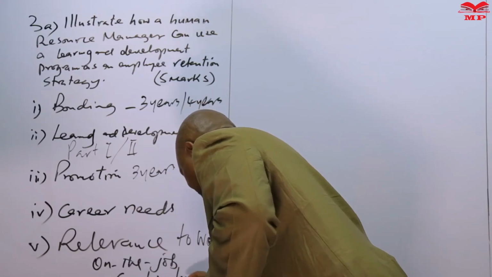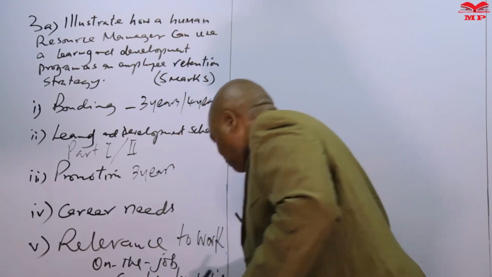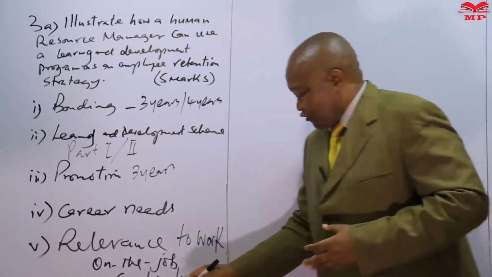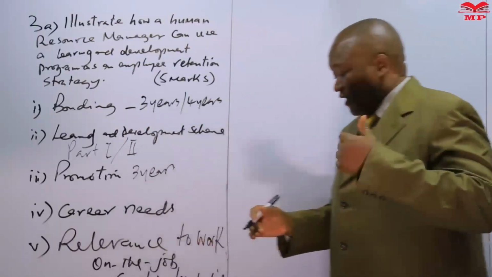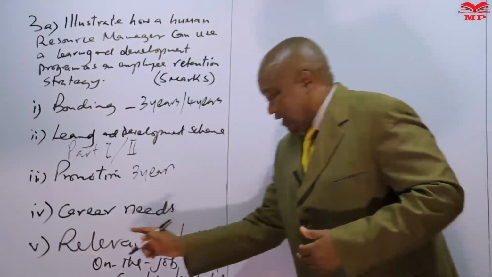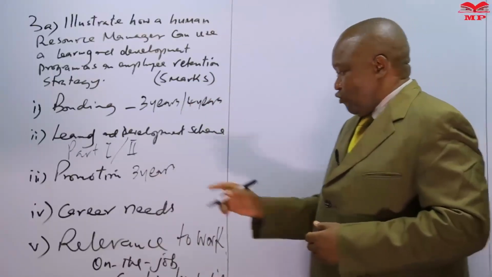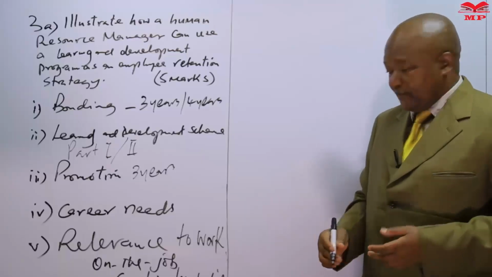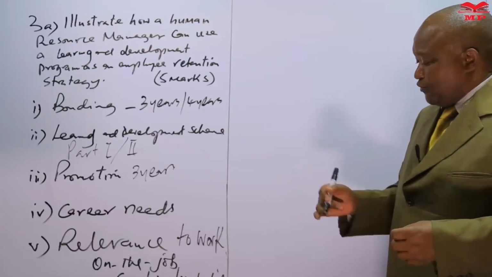or mentorship program. Now this mentorship program or coaching may be an attachment of an employee to another one who is mentoring, or a coaching process where it is one-on-one. It's an on-the-job learning and development program that is relevant to the immediate work this particular employee is performing, and it could be stretched to take a given period of time.